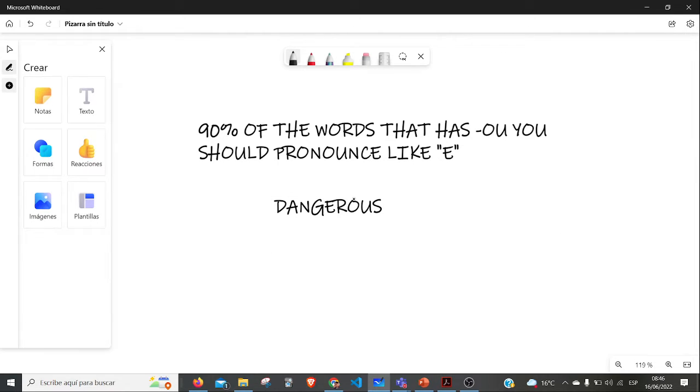Dangerous. Yeah, acá, ¿qué te dije? La O con la U suenan como E.